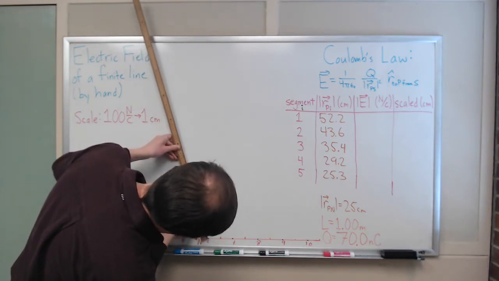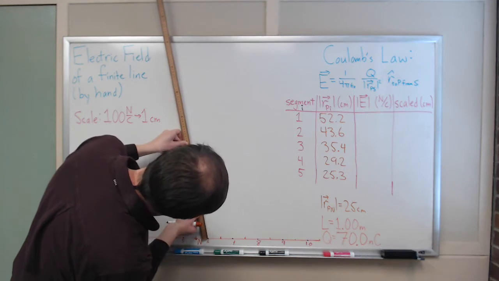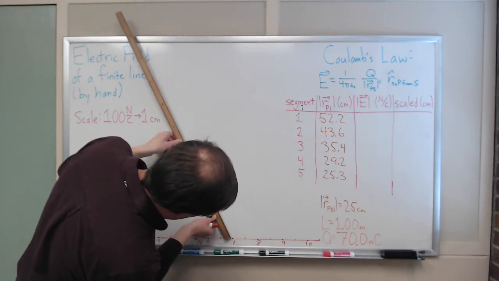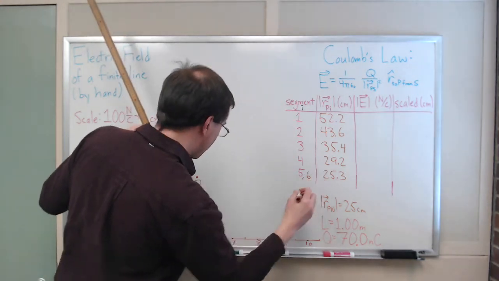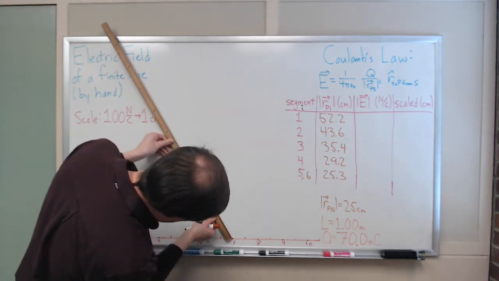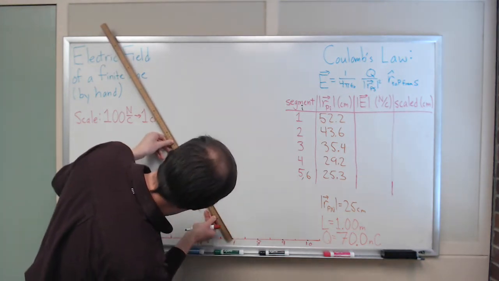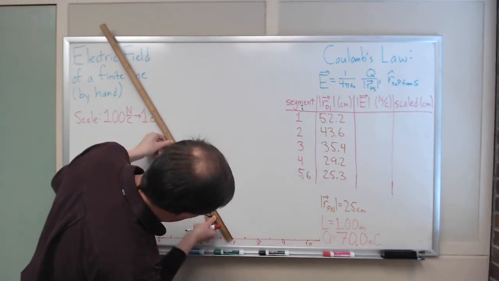If I have it wrong, let me see. This I'm getting 25.3-ish. Yeah. This one, 5 and also 6, I'm going to say 28.6. Oh, wow. Really?